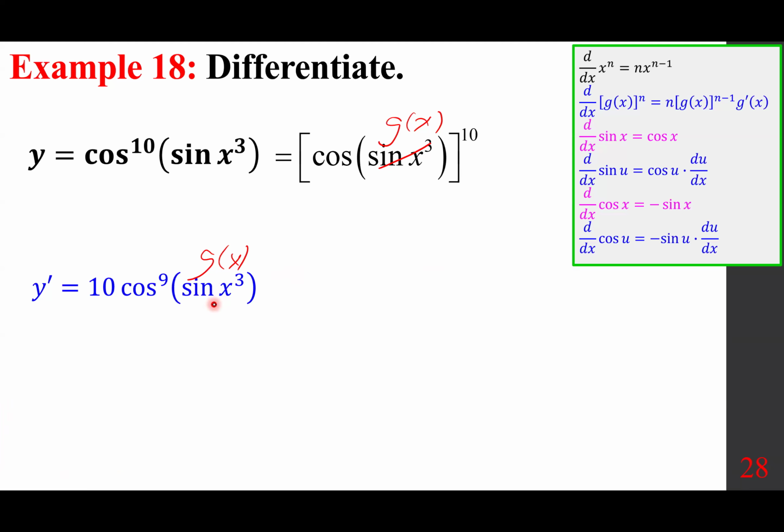We need the derivative of sine x cubed. So in fact, I'm going to write it up here so you can see that in this context, we are saying g of x is sine of x cubed, and now we have to differentiate this and put it here. So how do you differentiate this?